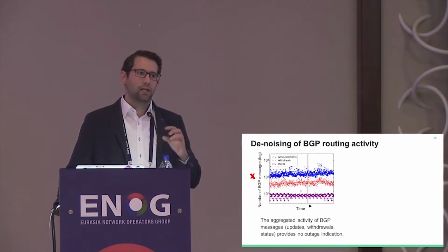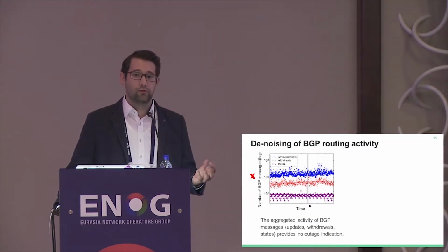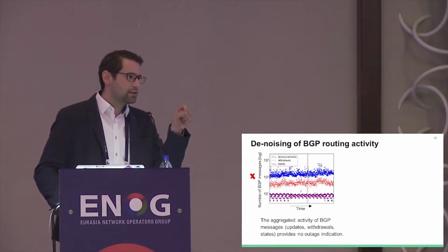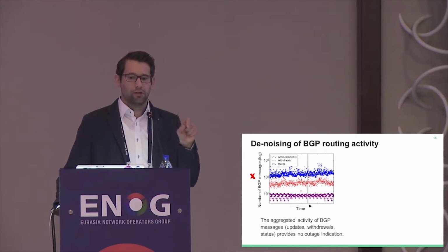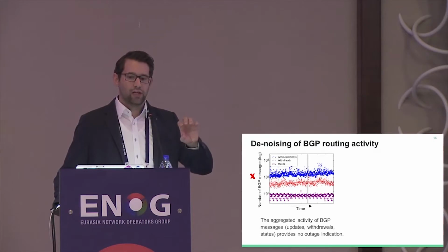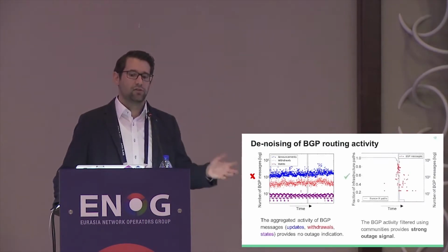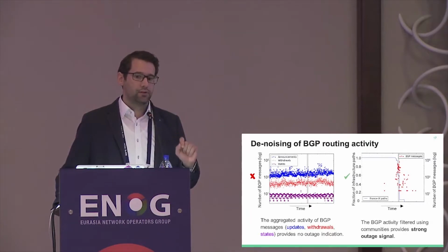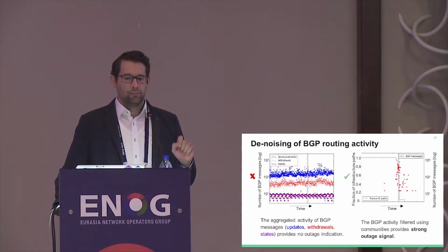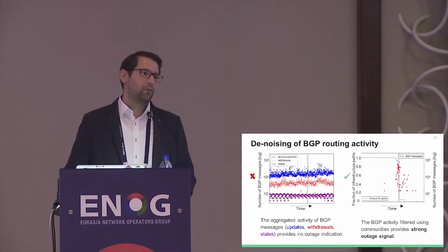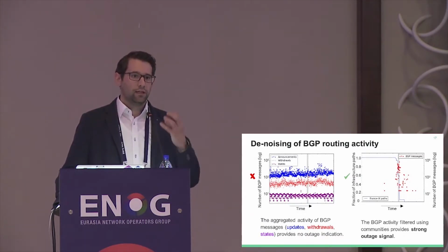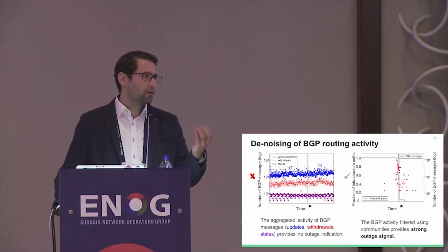If we apply the metric I just introduced, focusing on the communities that annotate the location, we really see what's going on, because before we have none to a few BGP messages, and at that point we see a lot of BGP messages, and the blue line also shows us that all paths moved away from that IXP at that time, which gives us ground truth that something broke in this IXP and not in the neighboring facility or something like that.